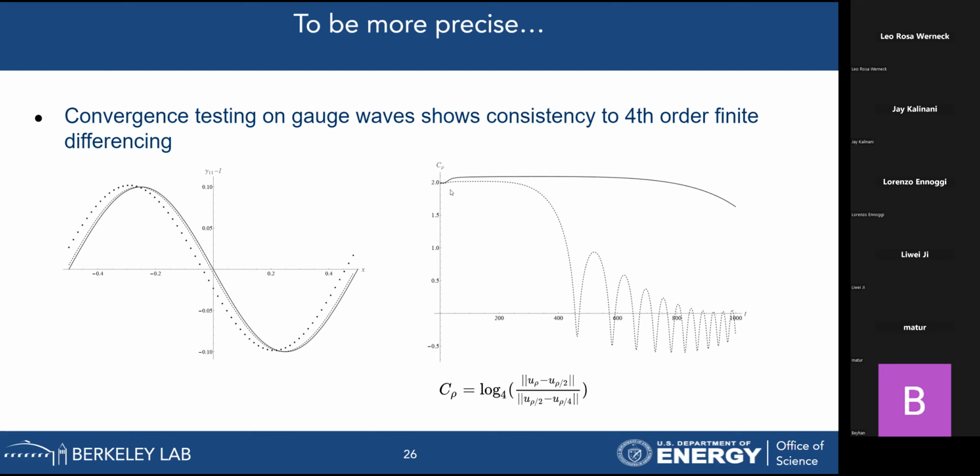And we can, of course, make this quantitative by looking at the norms of the differences between various resolutions, and we see that we do get, indeed, fourth order convergence in our system. At least for early times. Of course, it degrades as you get further out in light crossing times.